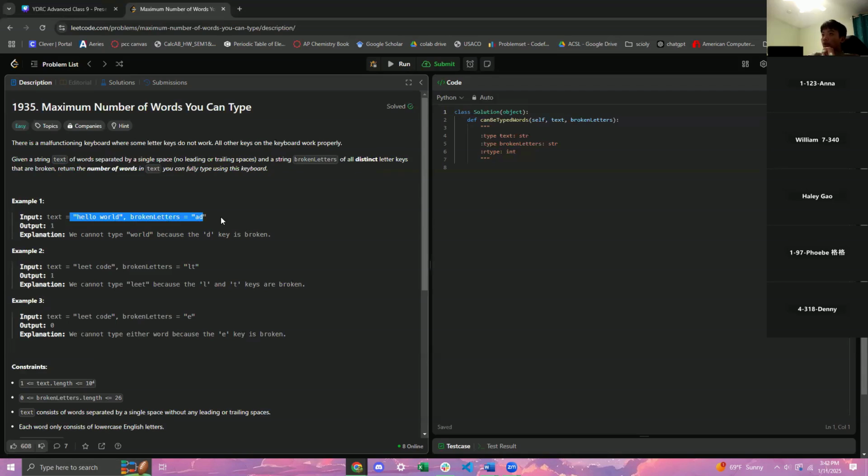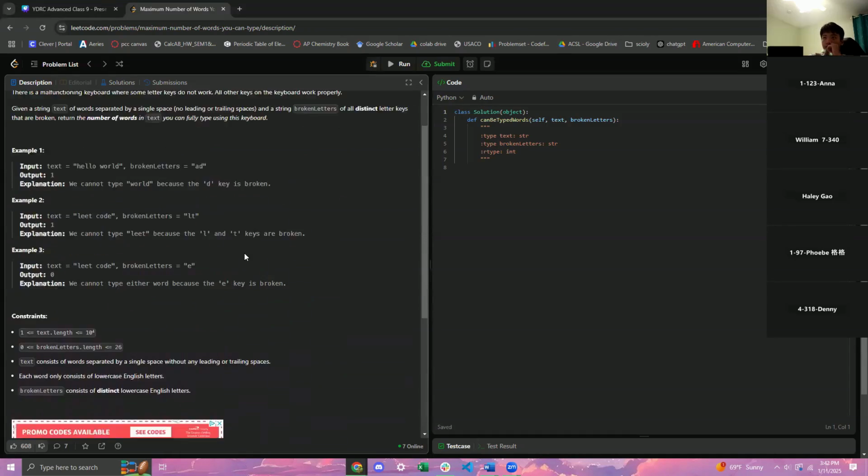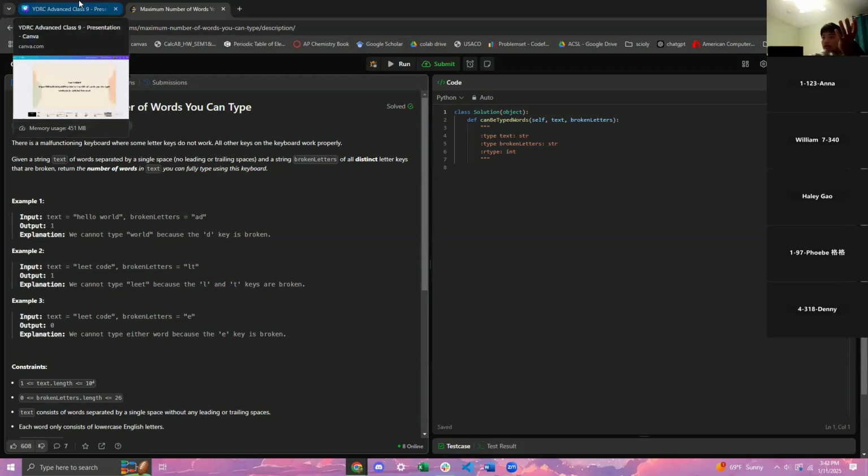Make sure you read the whole problem and know what each variable is and what it does. The problem gives you everything you need to solve it. It's possible to solve. Okay, so let's go over what we saw.